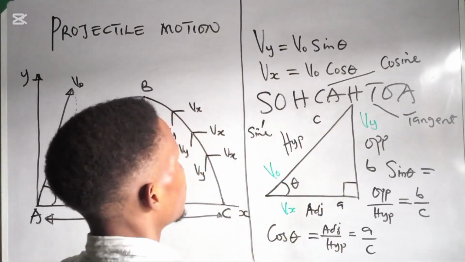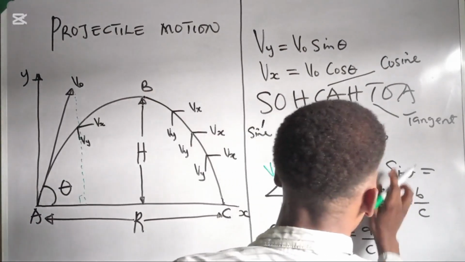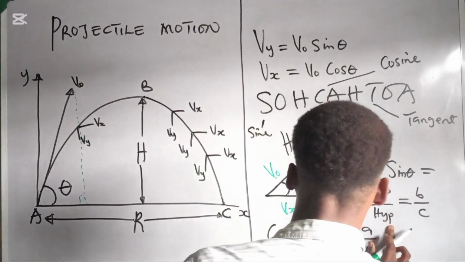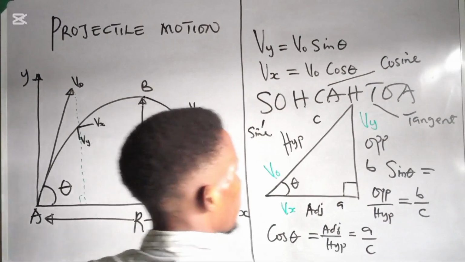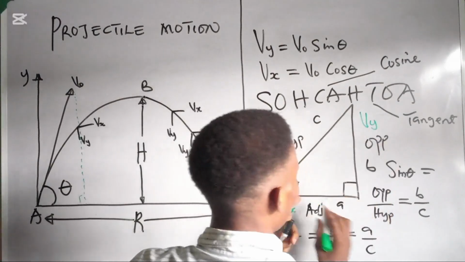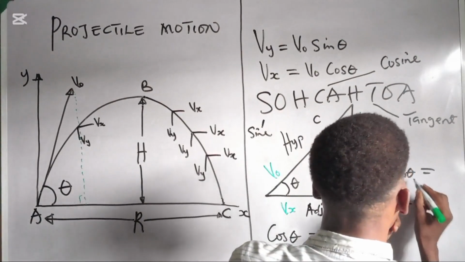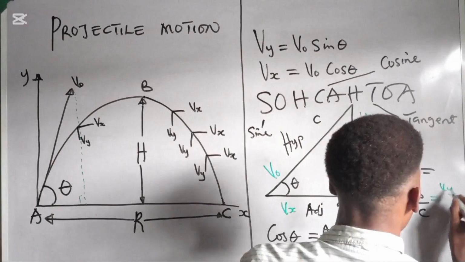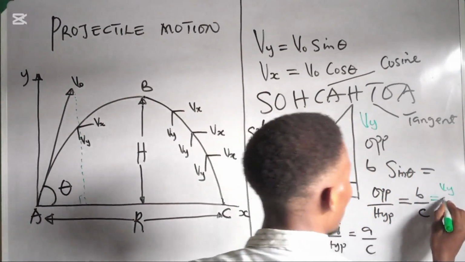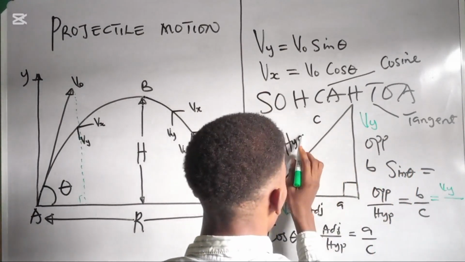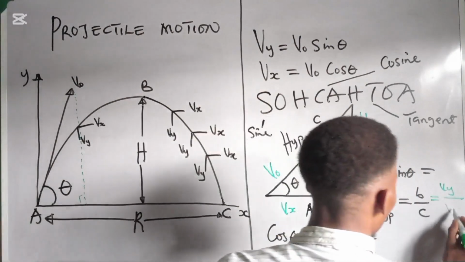Now, if sine theta is opposite over hypotenuse, it means sine theta is equal to opposite, which here is Vy, divided by the hypotenuse, which is V naught.